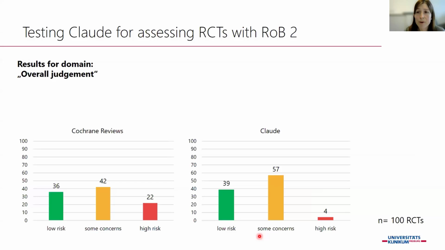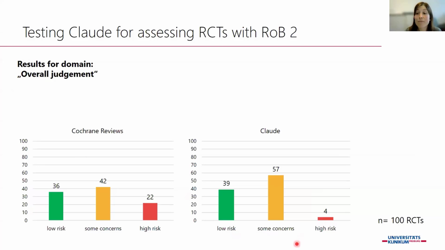So here are some results of our testing. For the overall judgment first, here you can see how often Cochrane reviews judged low risk, some concerns, and high risk. And here you see the same for Claude. As you can see, it differed a little bit.